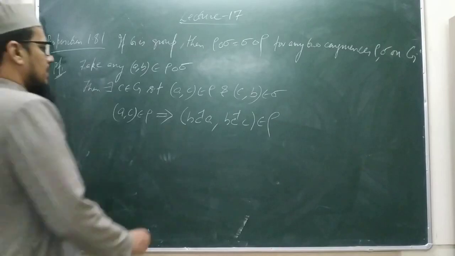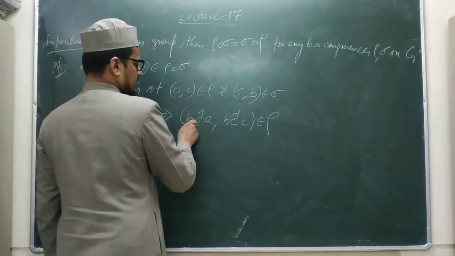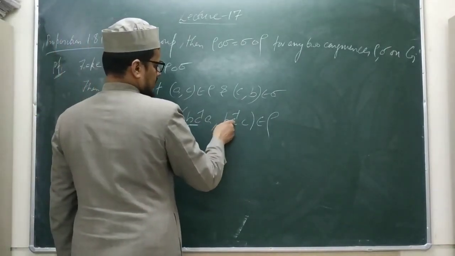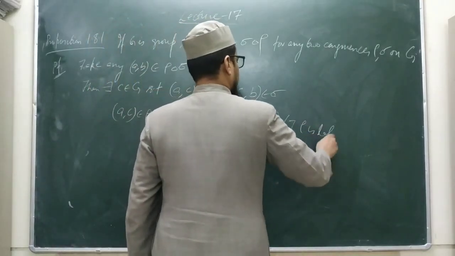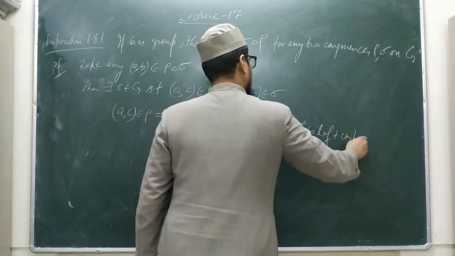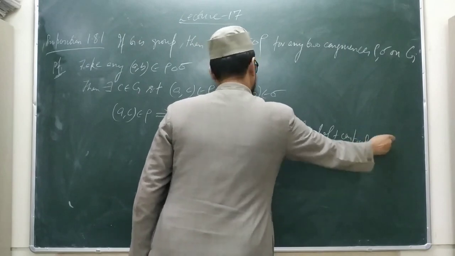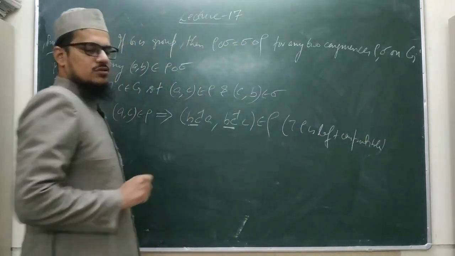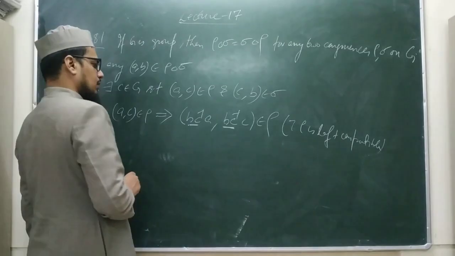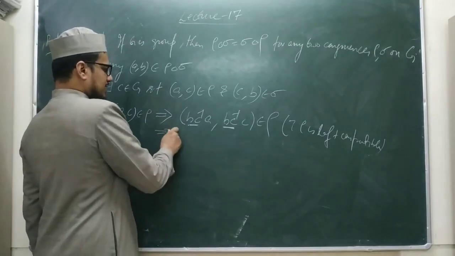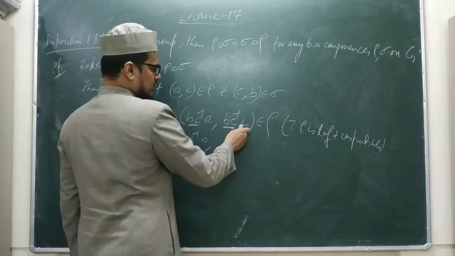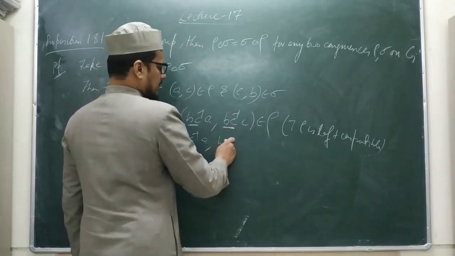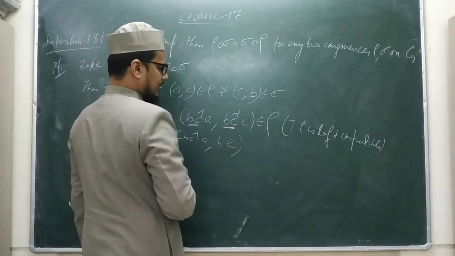We can just multiply by BC inverse, since rho is left compatible. So we can multiply by BC inverse on the left. So it implies what? (BC inverse A, B into C inverse C), and C inverse C is what? B into E, that is the identity, correct?